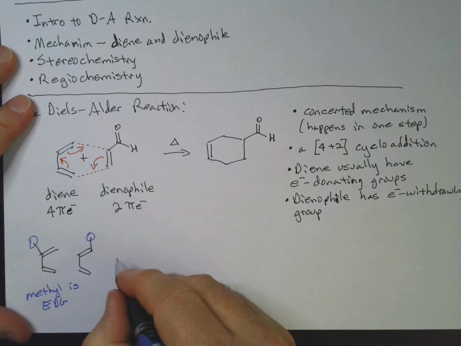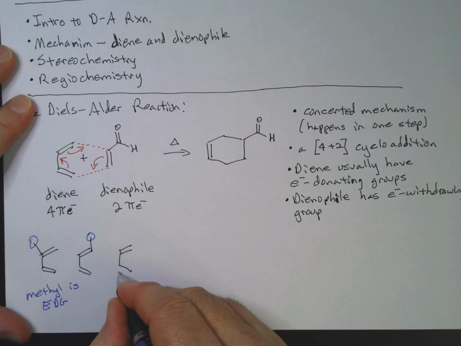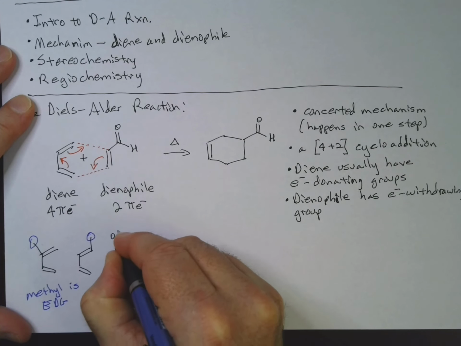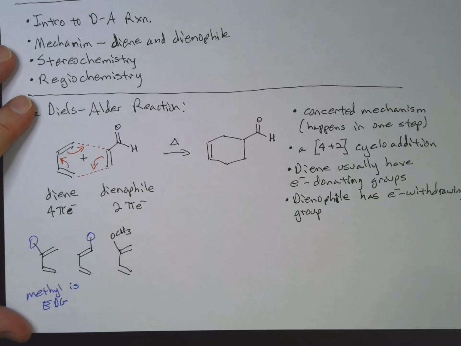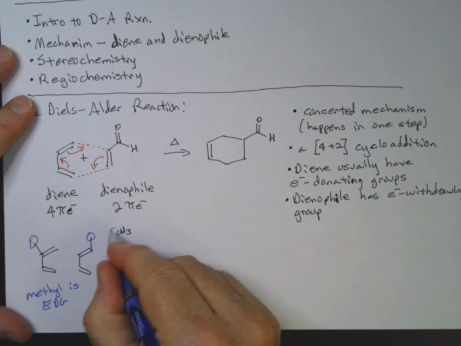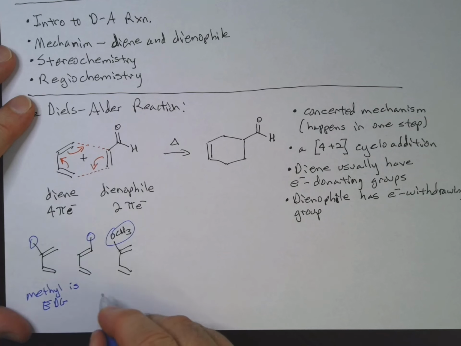We could have something like a methoxy, OCH3, where I've got extra electron density on the oxygen. So again, that's our electron donating group.